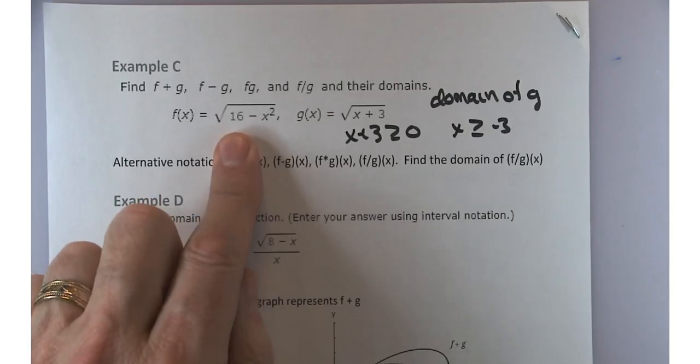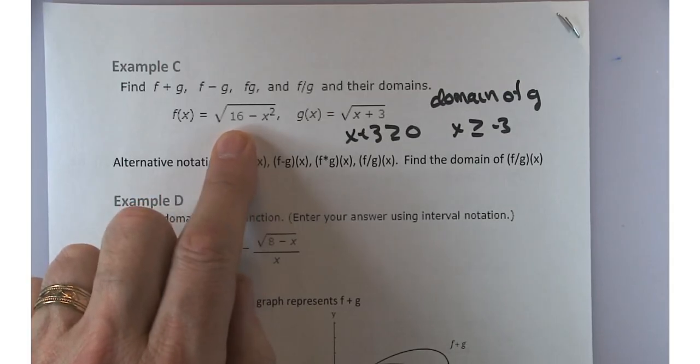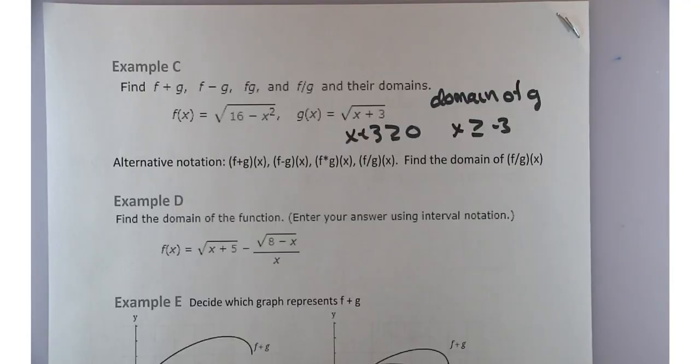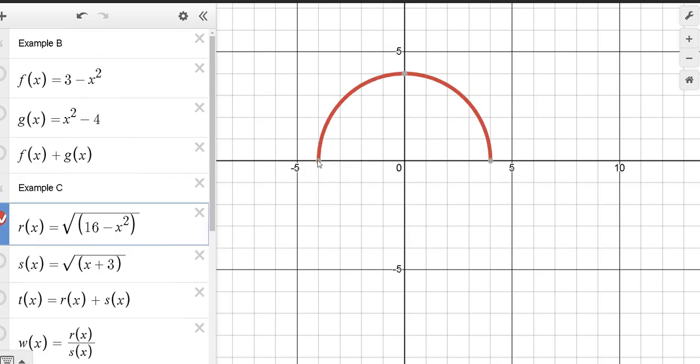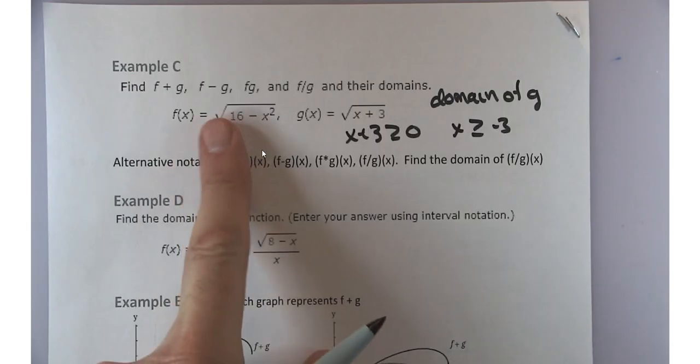For the domain of f, I want you to get the domain of f by actually looking at the graph. So let me pull up the graph of f. There's the graph of f of x. What's that look like? What's the domain? It's got a different notation here, but it's the right function, 16 minus x squared.